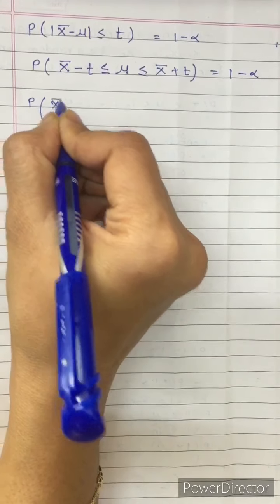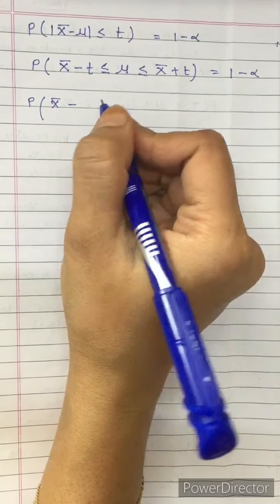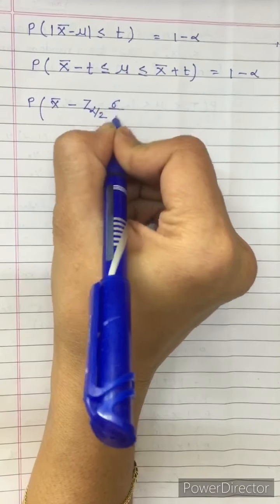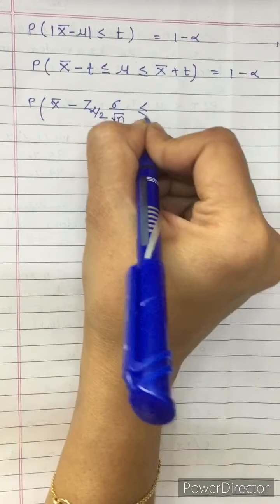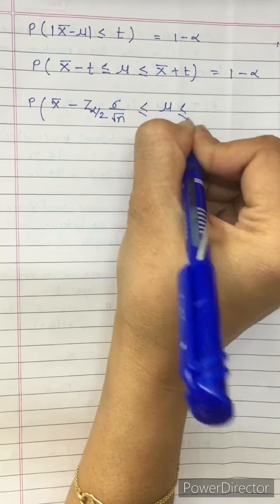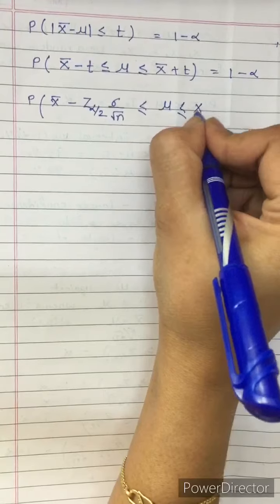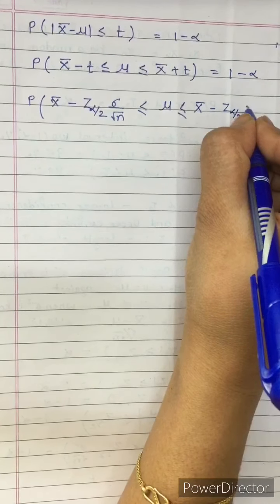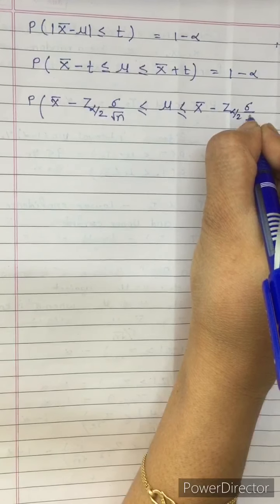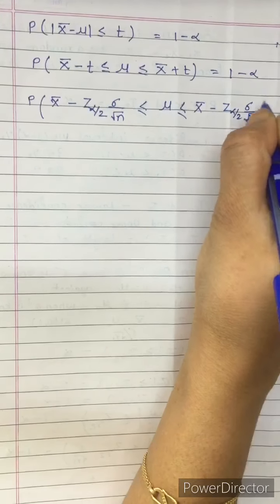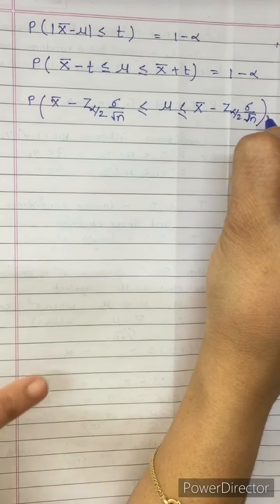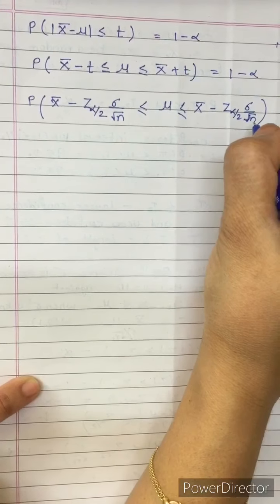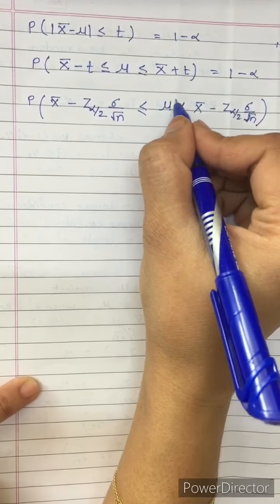Probability of x bar minus z alpha by 2 sigma upon root n less or equal to mu less or equal to x bar plus z alpha by 2 sigma by root n. These are the limits, confidence interval for the parameter mu.